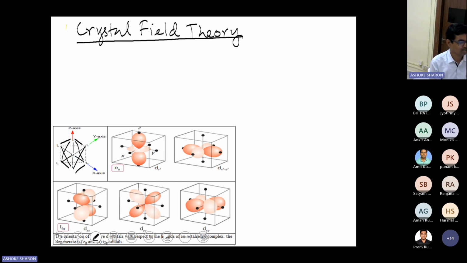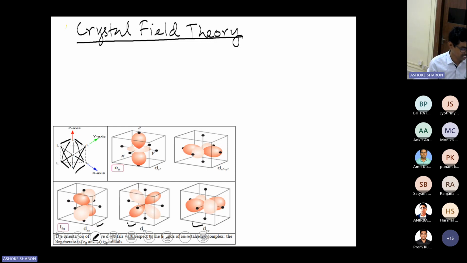So we can think about this. Now we understand that there are 5 d orbitals, out of which the 3 d orbitals, shown in the lower panel, are dxz, dyz, and dxy. In these three, the subscripts xz, yz, xy have a particular meaning: the plane in which they are placed.